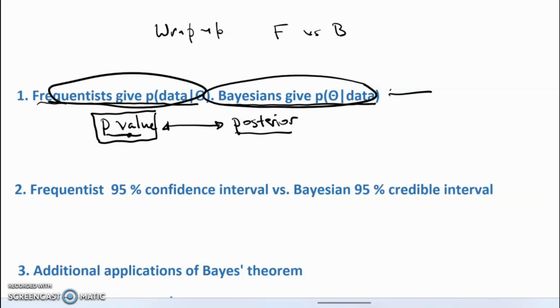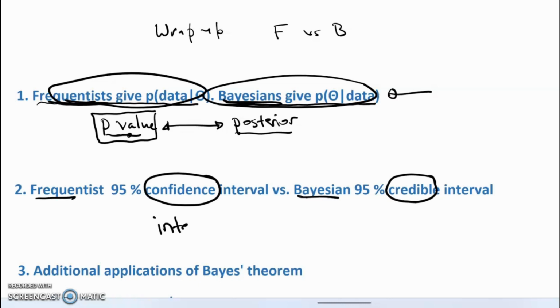So, although this doesn't provide a direct comparison of Bayesian and frequentist methods per se, when we look at the difference between the frequentist confidence interval and the Bayesian credible interval, this will be a direct comparison of frequentist and Bayesian methods because they're both attempting to calculate an interval.